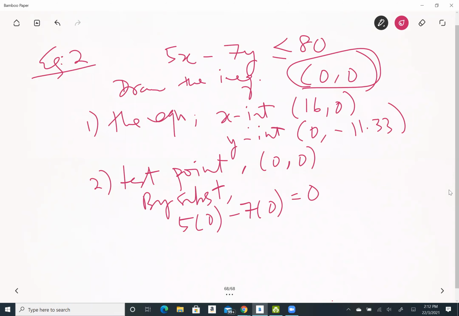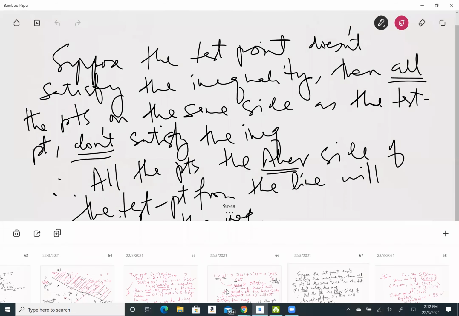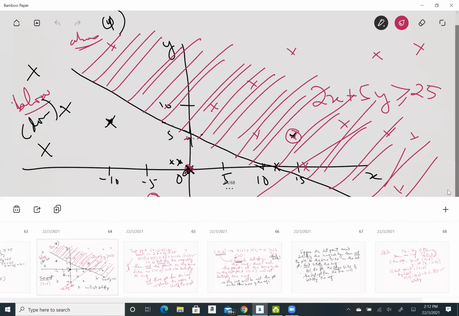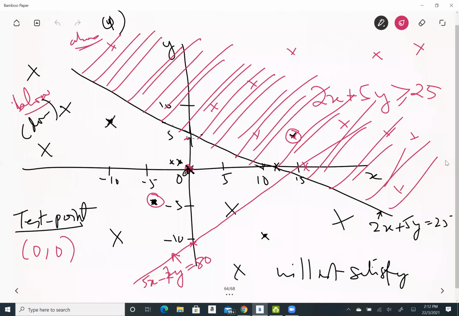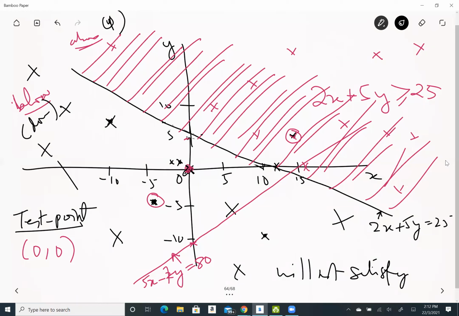And 0 is less than 80. So that point does satisfy the inequality. Therefore, all the points on the same side as 0, 0 will also satisfy. Hence, our inequality will be every point on that side.